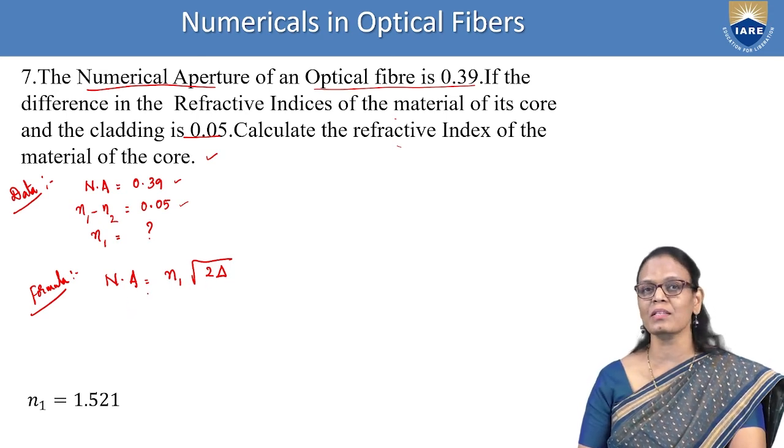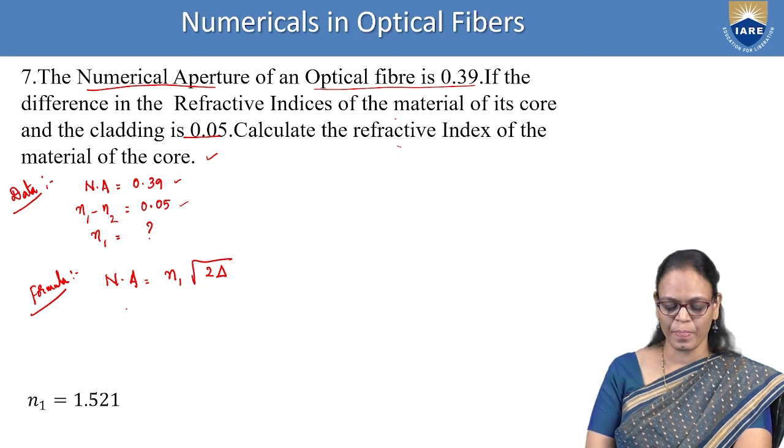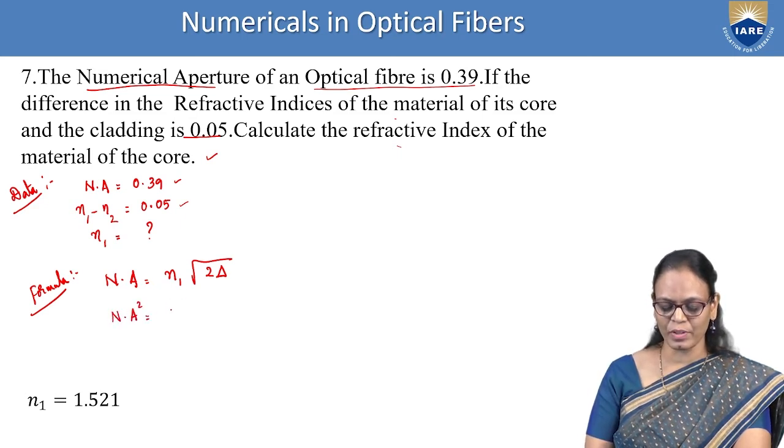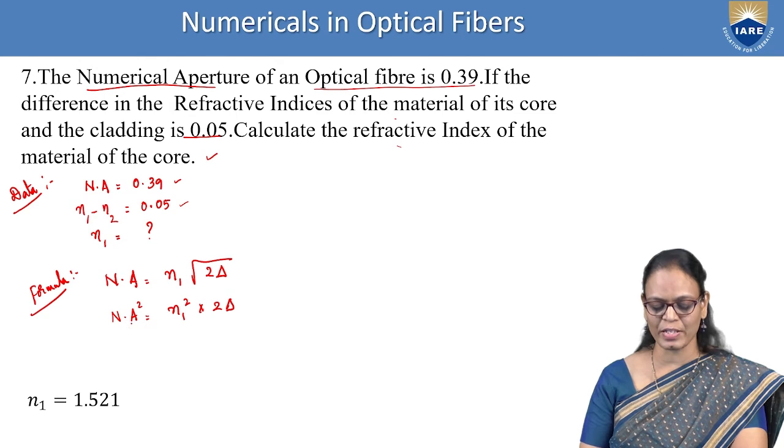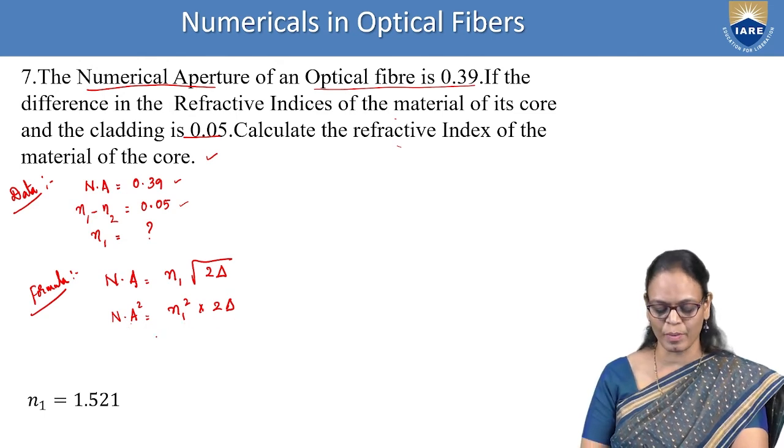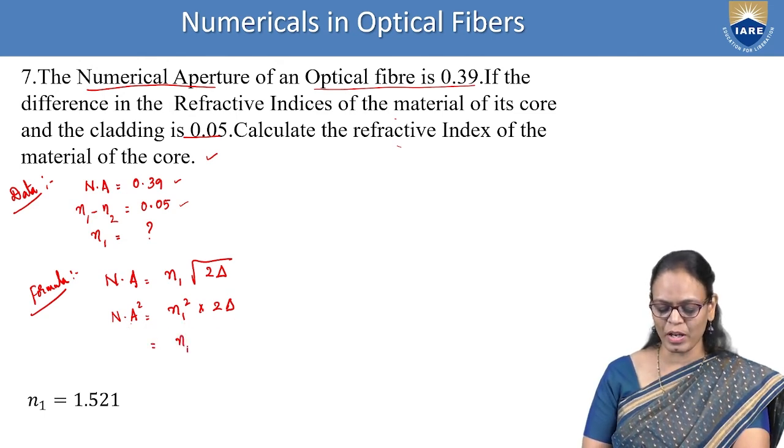I'm going to take the square on both sides. So NA square is equal to N1 square into 2 delta. Square and the square root go off. And now we know the formula for delta. What is delta equal to?